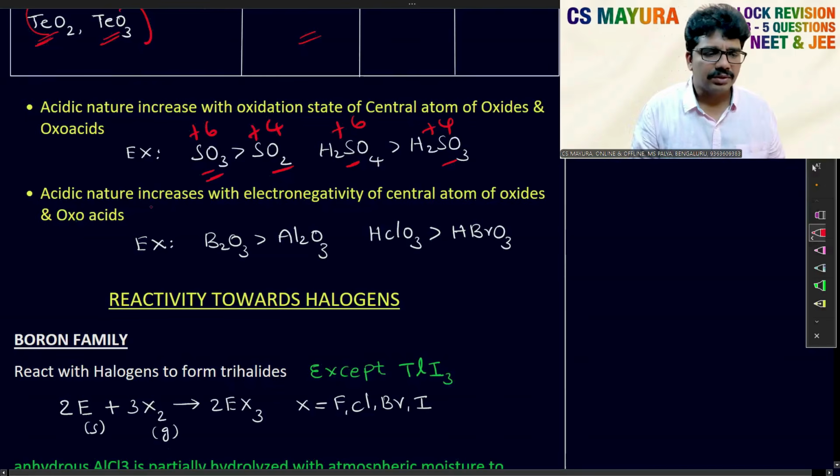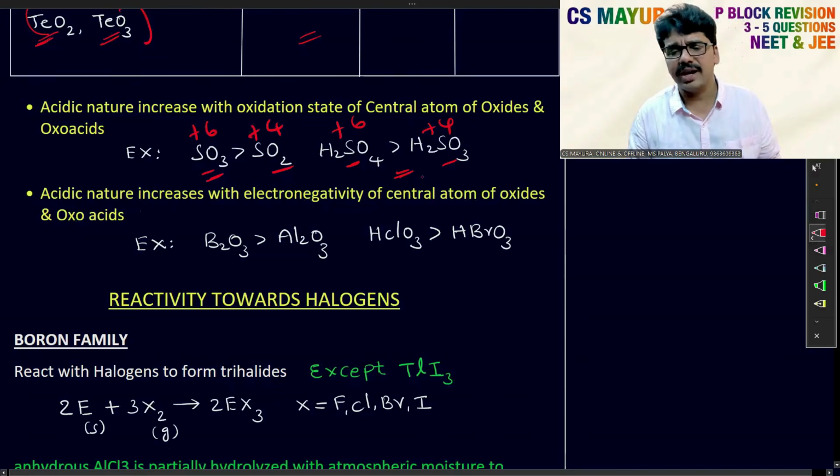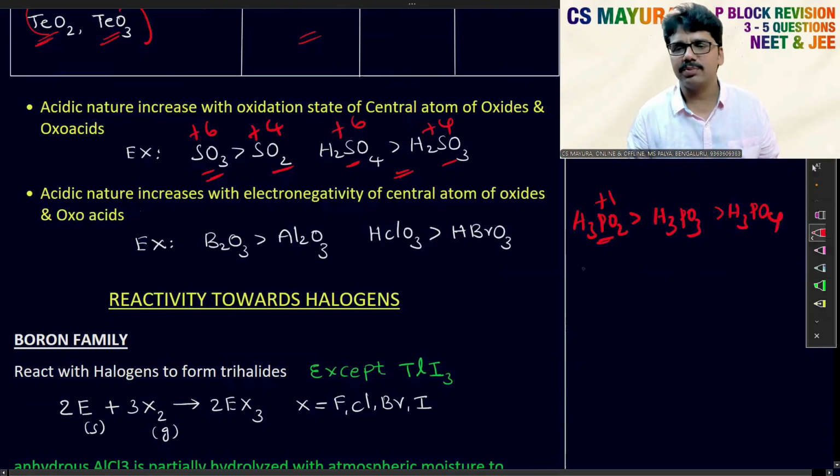Right. Now, but there is an exception in oxoacids. One exception is there. Here H3PO2 is more acidic than H3PO3, and H3PO3 is more acidic than H3PO4. Here phosphorus oxidation state is +1. Sorry, this phosphorus is +3 and this phosphorus is +5.